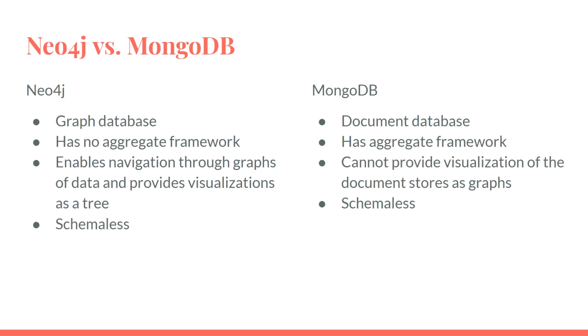Neo4j enables navigation through graphs and provides visualization, where MongoDB cannot provide visualization due to it being a document database. And lastly, Neo4j and MongoDB are both schemaless databases.